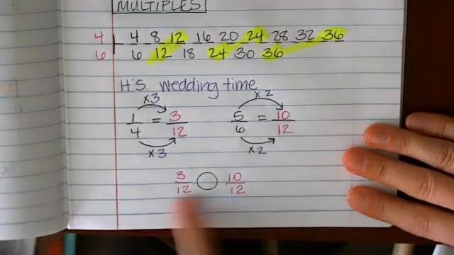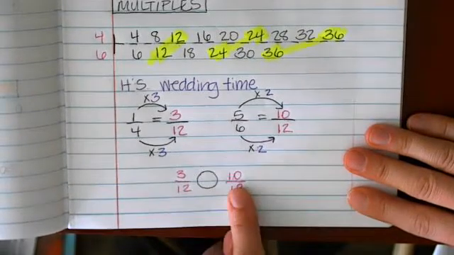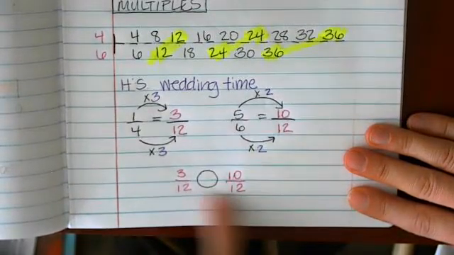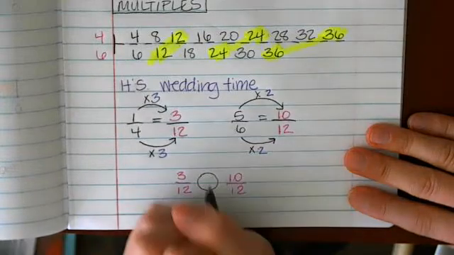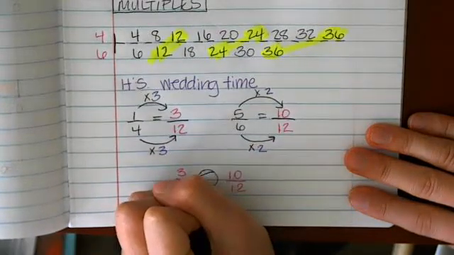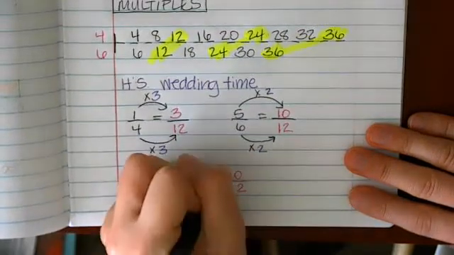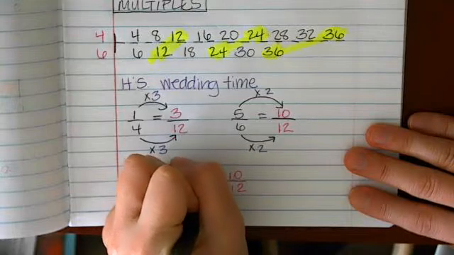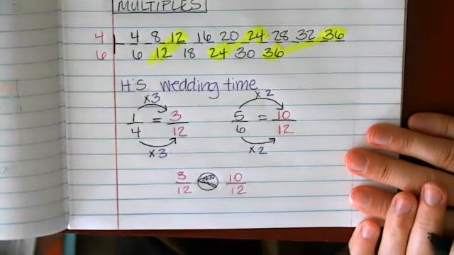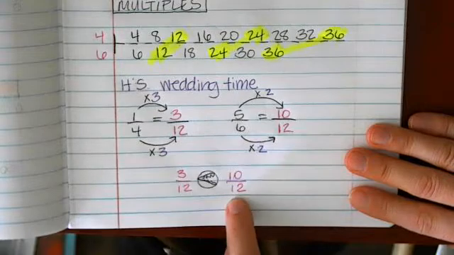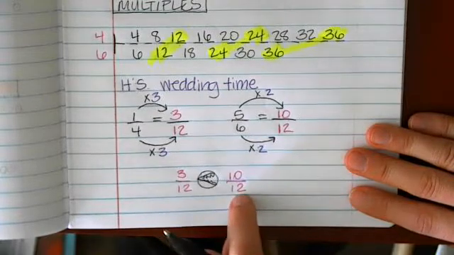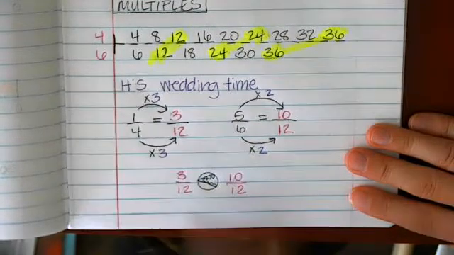So I know by looking at this, the alligator always wants to eat more. We have the same denominator, so we can compare that easily. And the alligator always wants to eat more, and the 10 is bigger than 3, so the alligator eats the 10/12. So 3/12 is less than 10/12, or 10/12 is greater than 3/12.